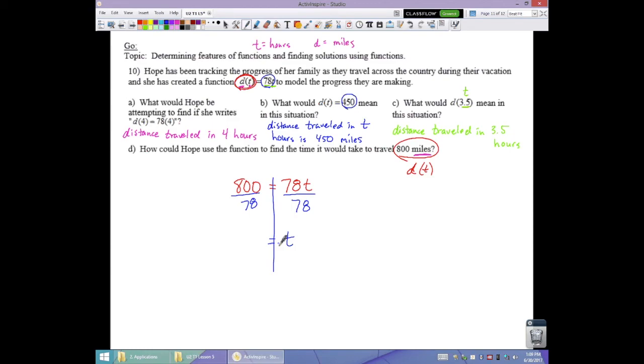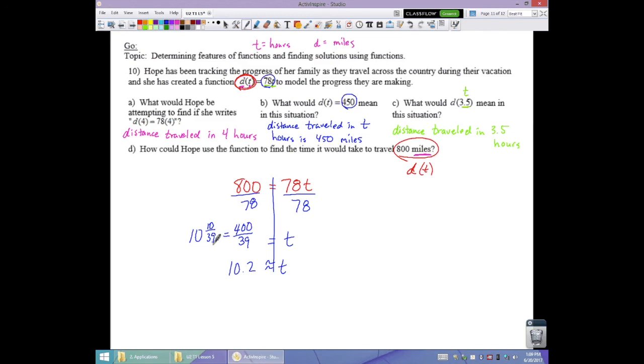So it's still a rational number. We do not want to round that. It's approximately 10.2, but if we just simplified this fraction, it would be 400 over 39, which is another exact way to write that would be 10 and 10/39 hours.